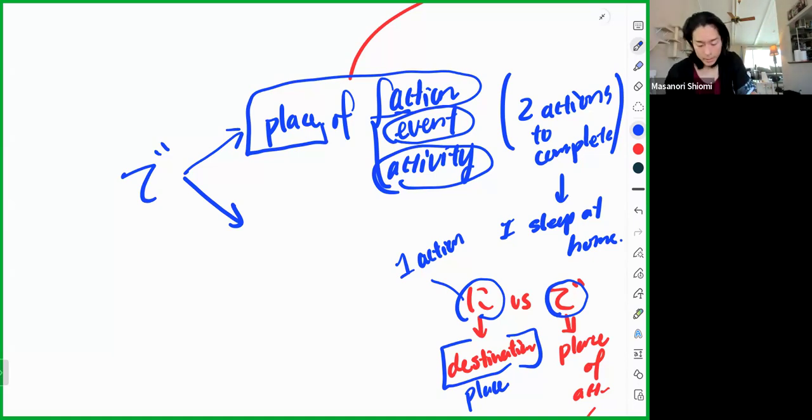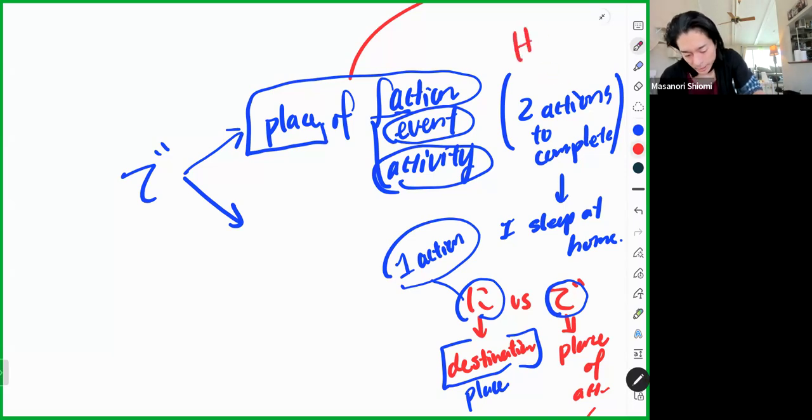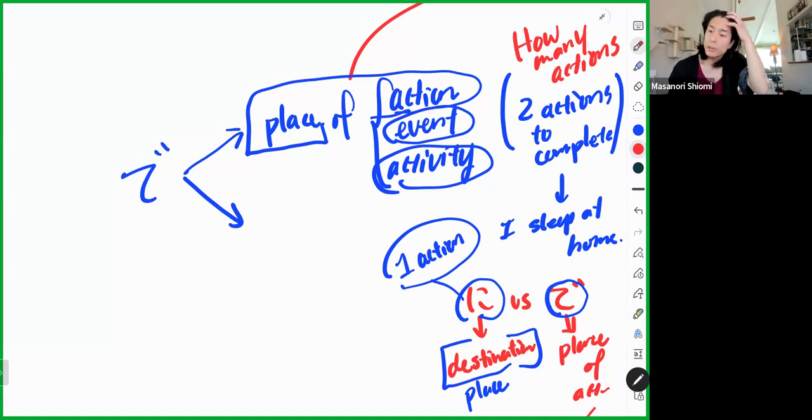So again, whenever you get confused as to which particle to put after a place, ni or de, ask this simple question: how many actions? If it's one action, then it's probably just the destination ni. Two actions, then you're probably doing something at the place, so de. Okay. That was just a quick review.